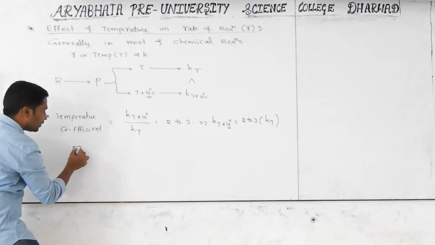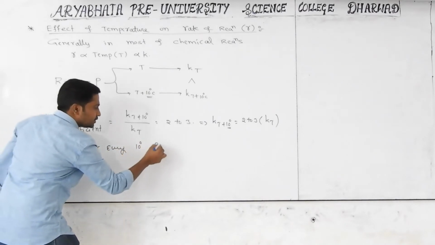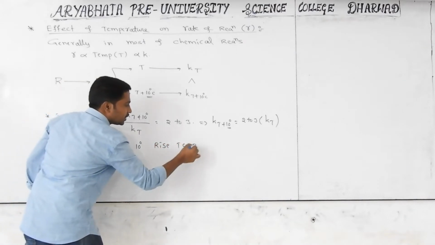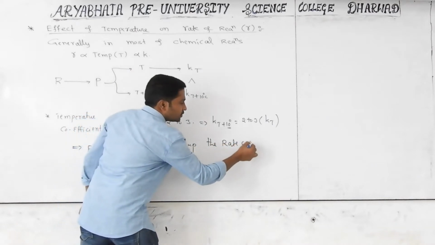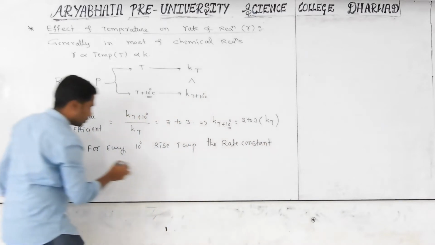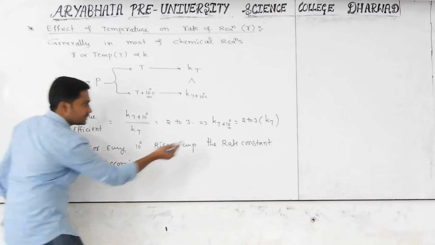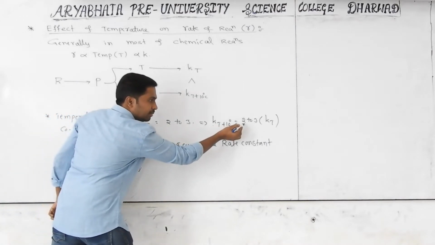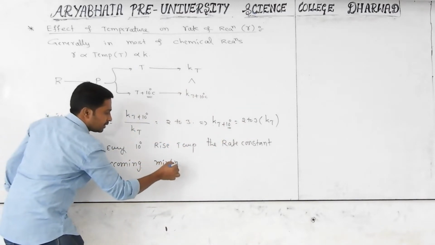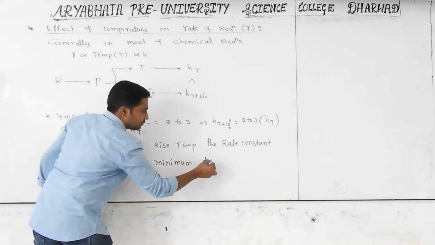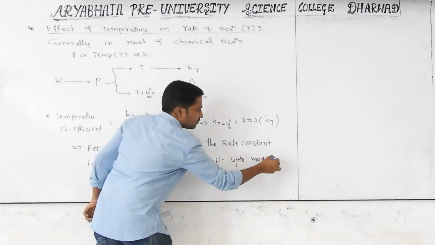Means what happens? For any reaction, for every 10 degree rise in temperature, the rate constant value becomes minimum double up to maximum triple.